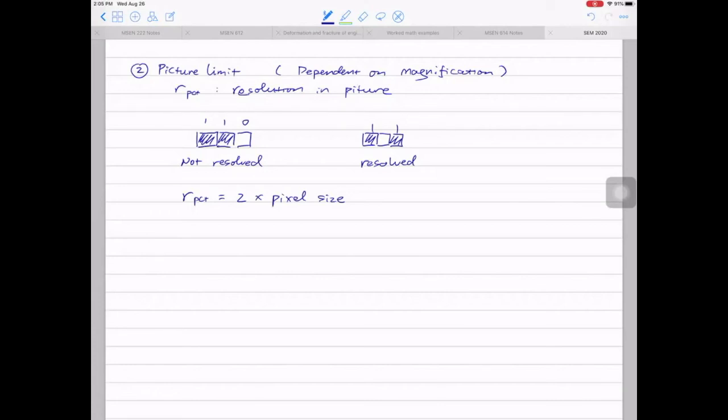And for picture resolution, as we mentioned before, as you increase the magnification, the picture resolution increases.